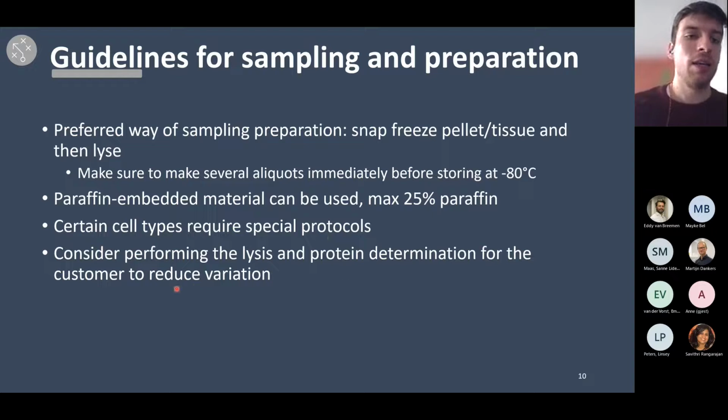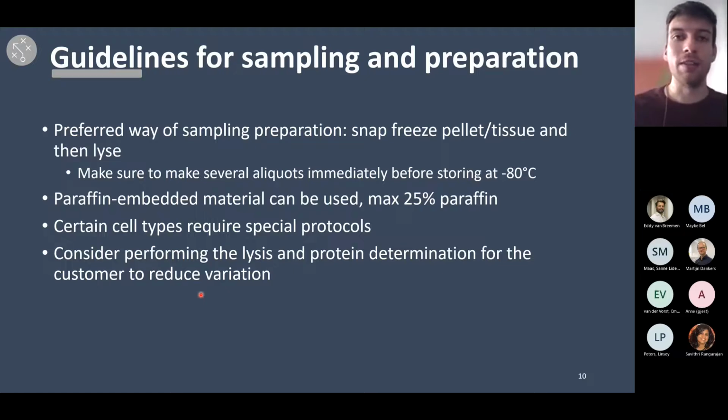And lastly, we would also ask you to consider performing the lysis and the protein determination, both of them, for the customer itself. This generally reduces variation. It's also our strategy for samples that we process in-house. The big benefit of this is that lysis and the protein determination will always be done in the same way.